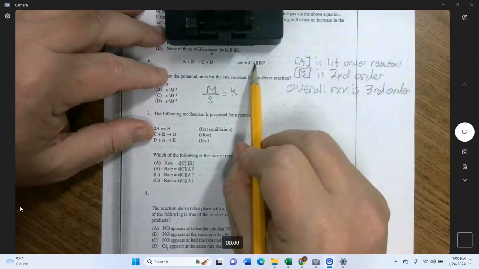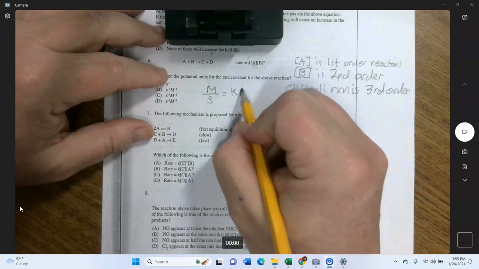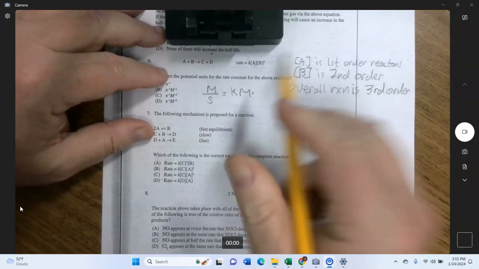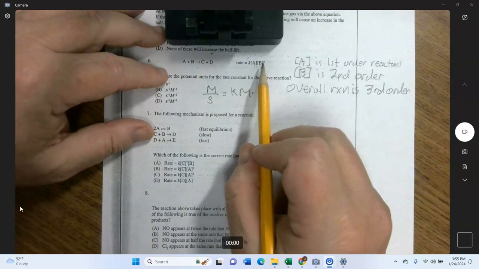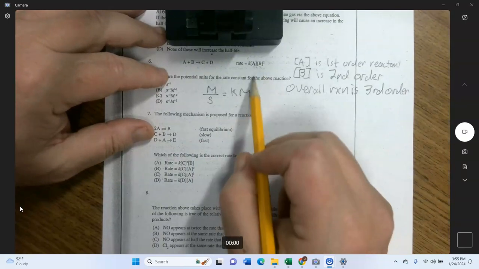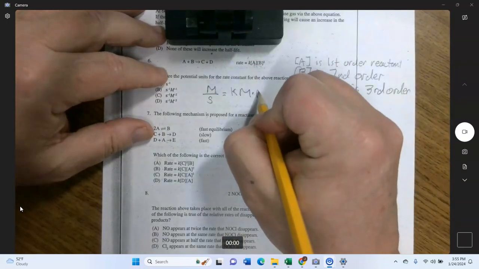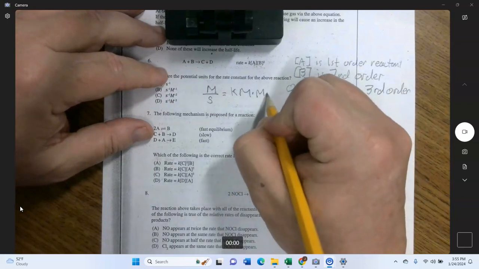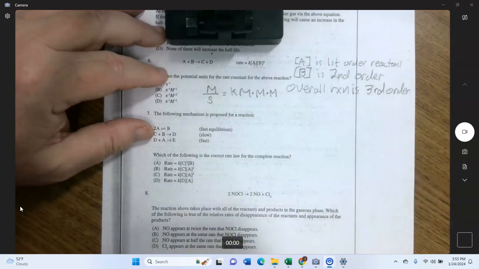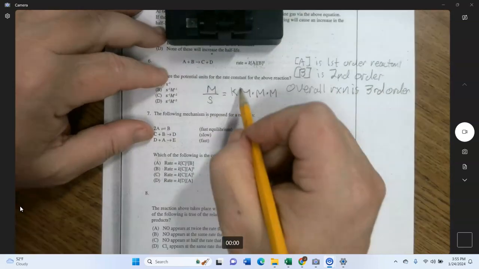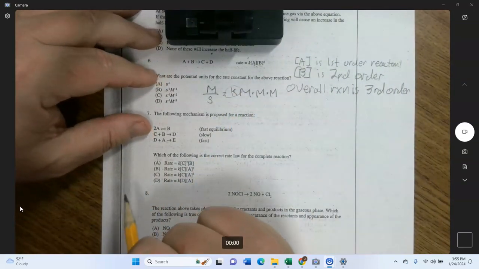times, so A is molarity, and B is molarity squared. It's molarity times molarity. That's what the square does. So it's times M squared, but I'd rather write that like this, times M times M. All right, so we need to get K by itself to find out the units of measure.